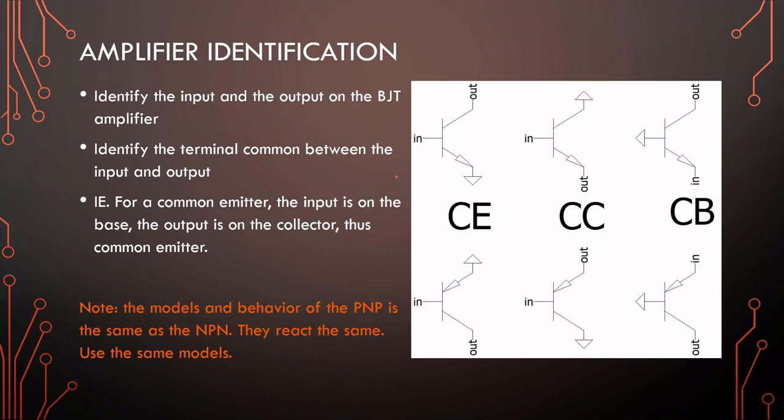Okay, so looking at the amplifier, you need to check where the input is and where the output is, and it is usually named after the terminal that is common between the input and the output.